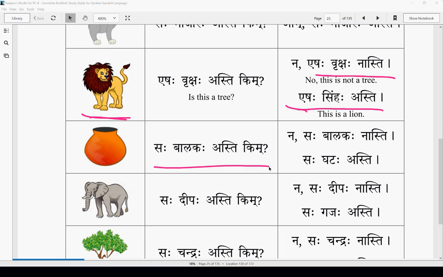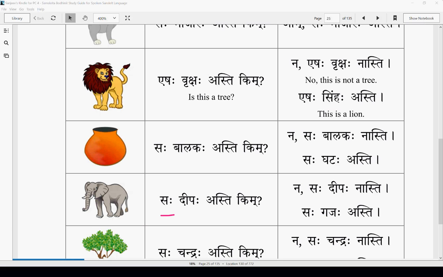So again here also one more thing to note, this comma is also a foreign punctuation mark in Sanskrit language. It was not there originally. If you do not see it, if you do not use it, that's fine. That needs to be understood. "Na saha balakaha nasti." Okay. Next one.